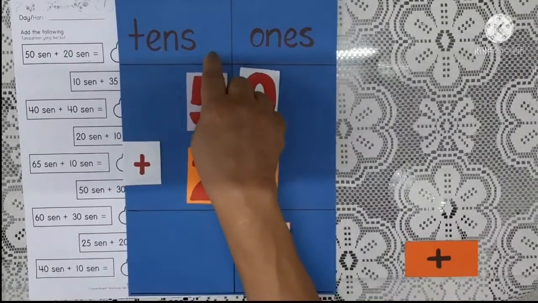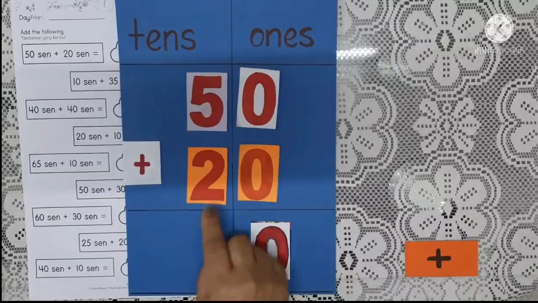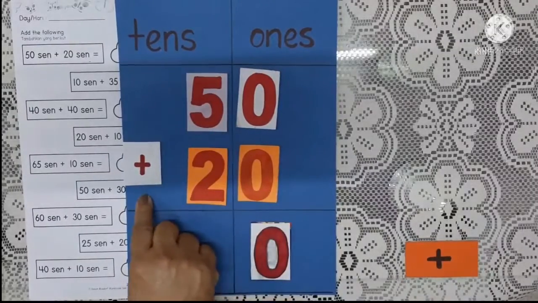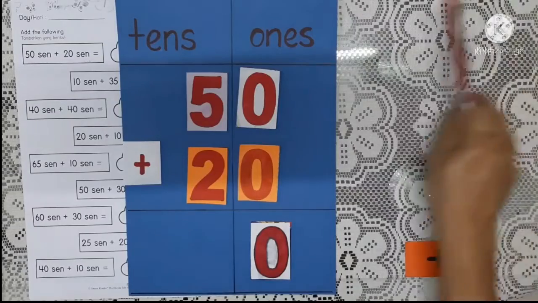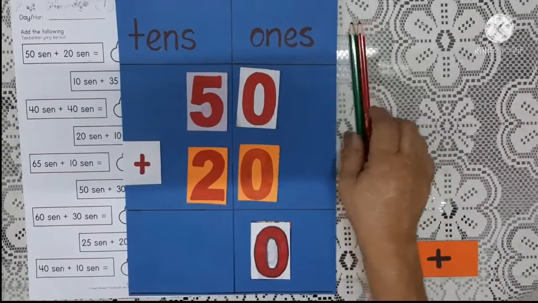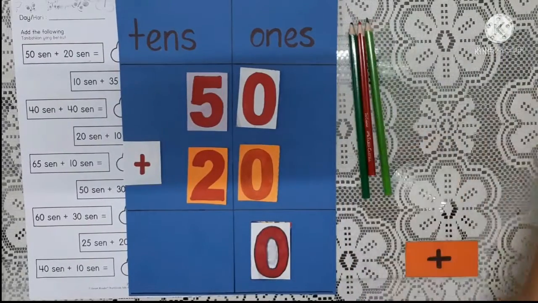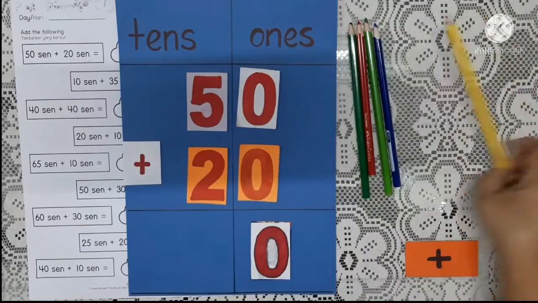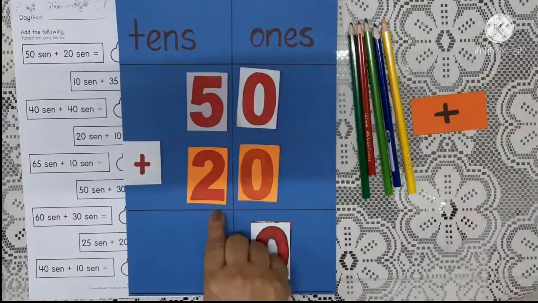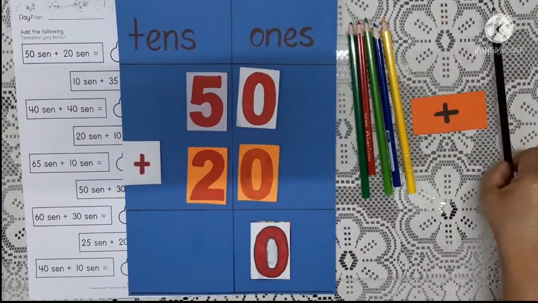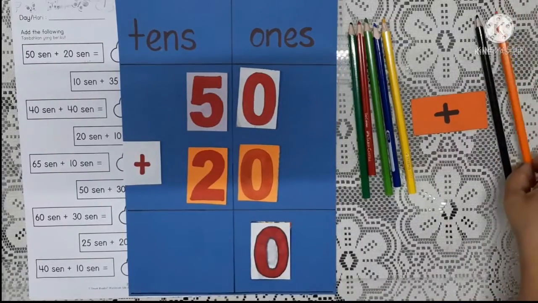Now we are going to add the tens column. Now 5 plus 2. Now we are going to take 5 pencils. 1, 2, 3, 4, 5. And we are going to add another 2 pencils. 1, 2.